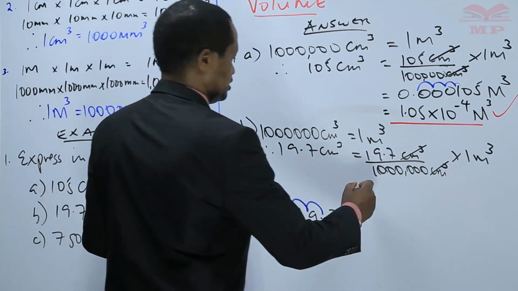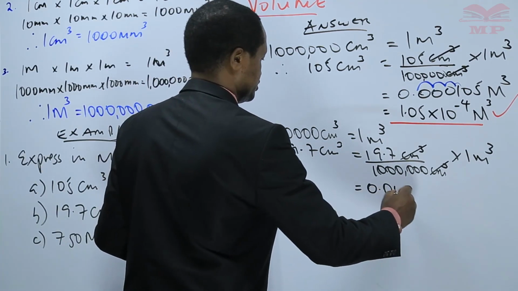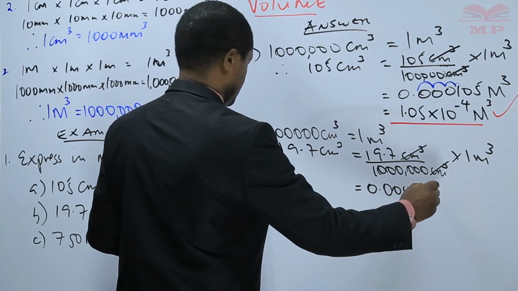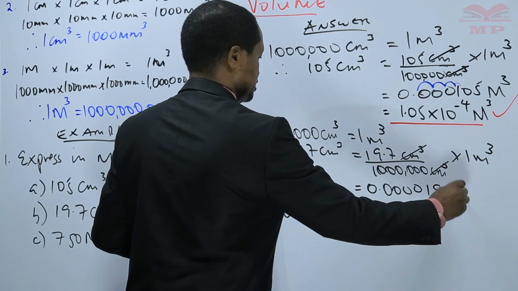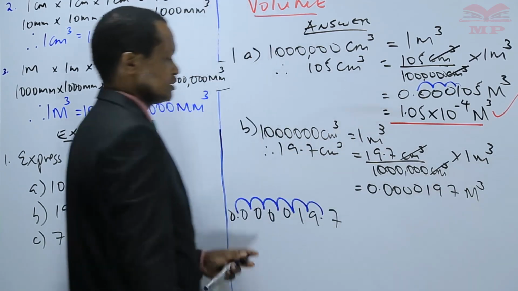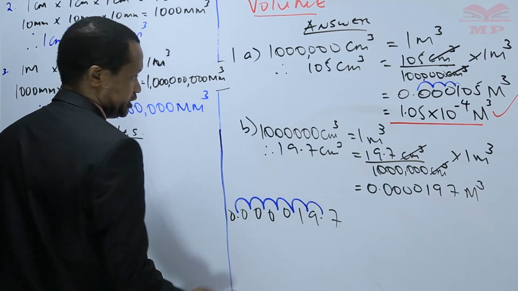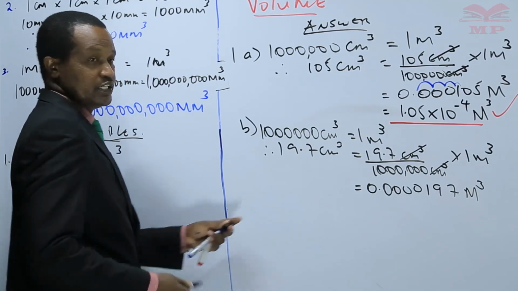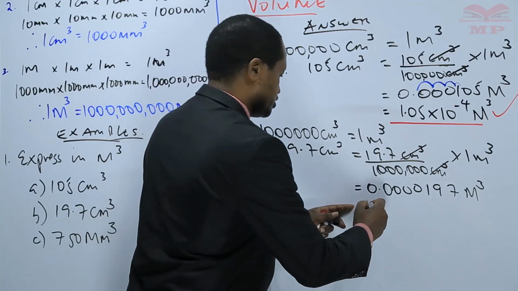So the answer here is 0.0000197 cubic meters, which can be rewritten as follows.